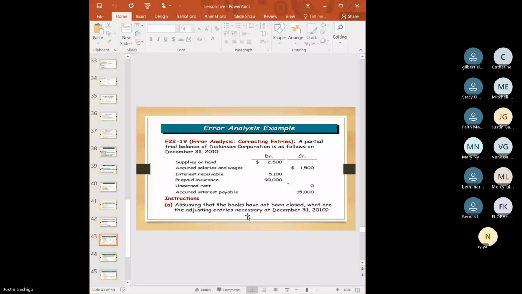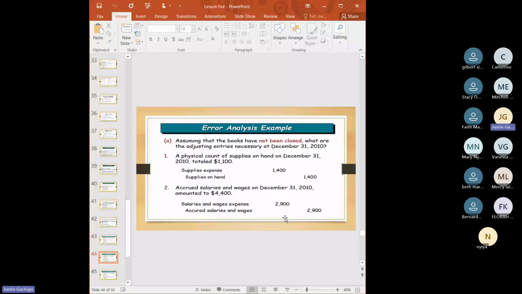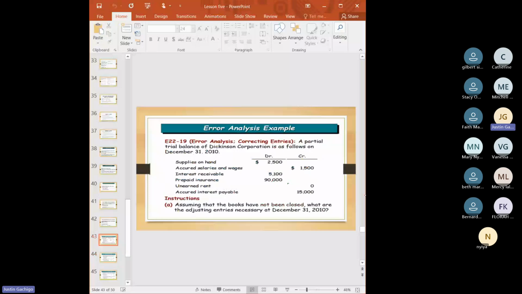1. The physical count of supplies on hand on December 31st, 2010 totaled 1,100. The accountant had recorded 2,500, but the actual one is 1,100.